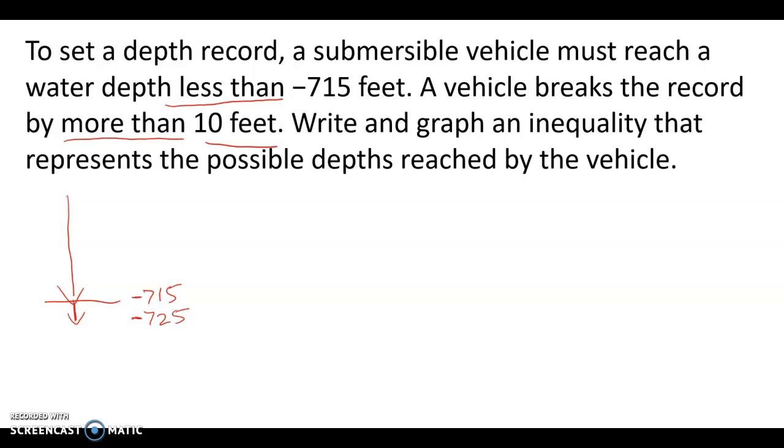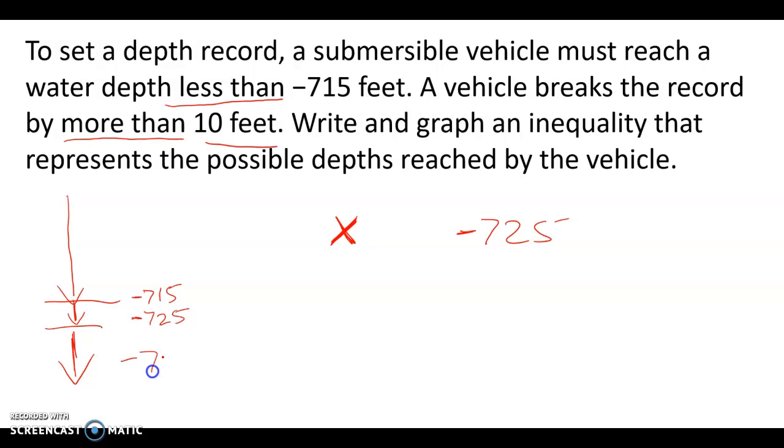So to do an equation, we have our variable. It doesn't tell us what letter we have to use. So I'll do x. And then we have the negative 725. And let's look at it again. The vehicle breaks the record by more than 10 feet. So this one's tricky. So since it is a negative 725 feet, the record would be anything lower than here, right?